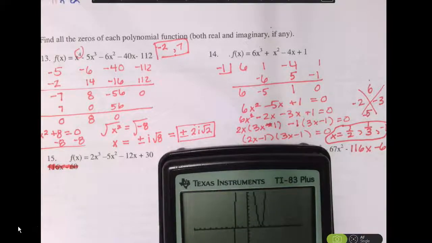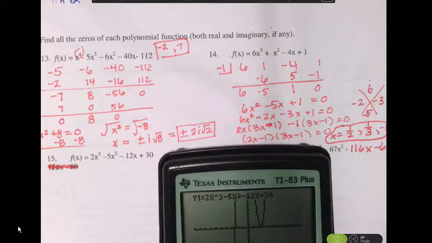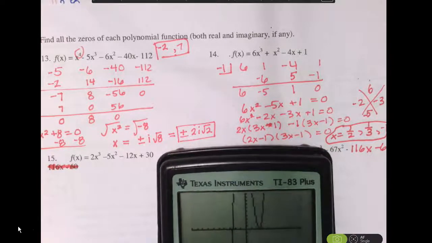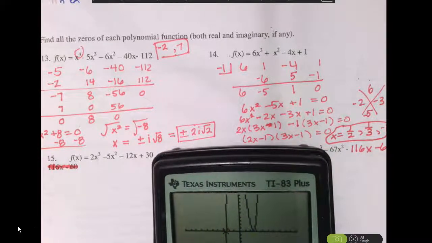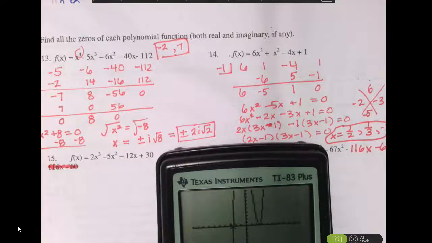So let me use the zero function to find one of them. Let's see, where's my cursor? There it is. Okay, enter, and then enter. Negative 2.45.